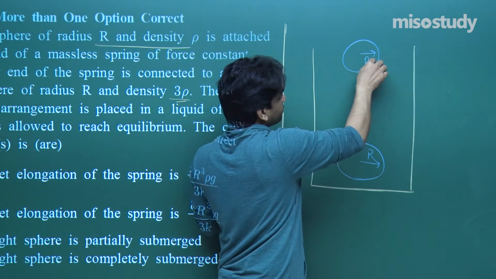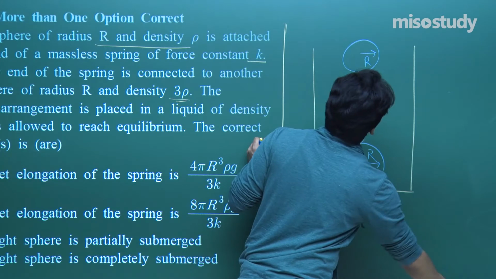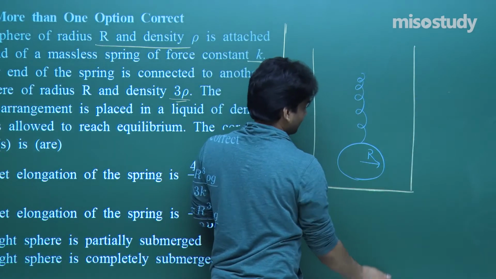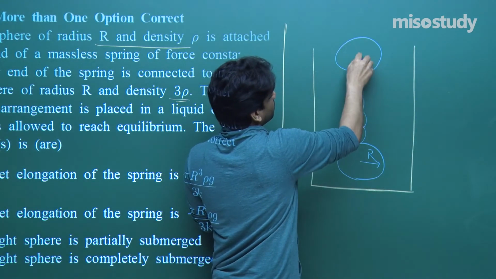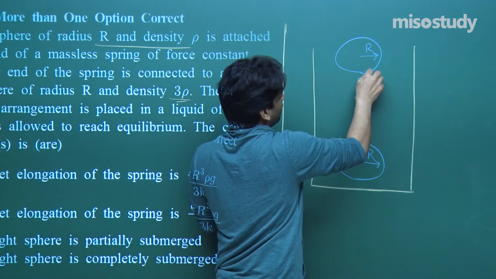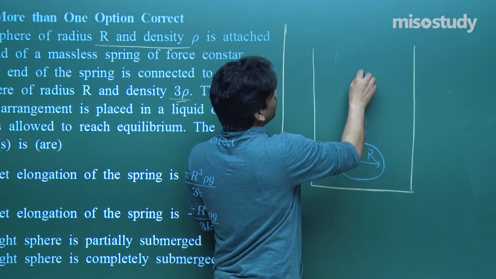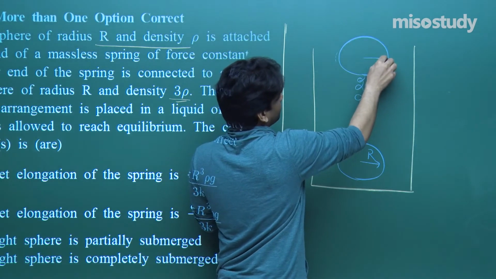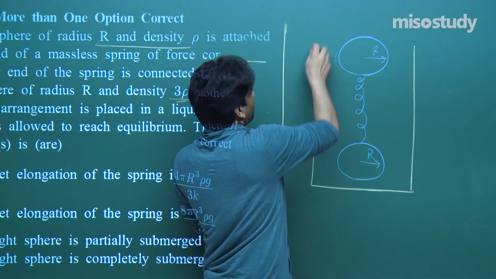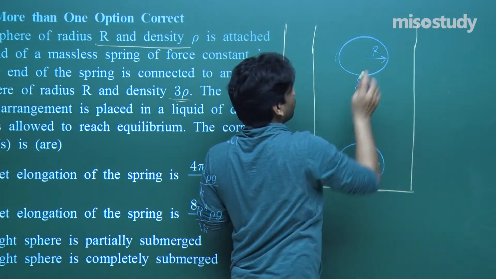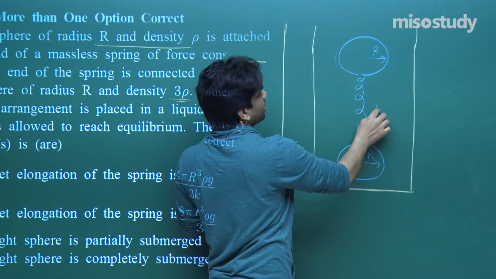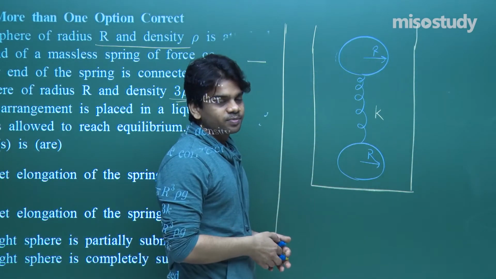Do not get confused by the relative size that I have drawn. I believe you can make out what I am trying to show you here. The spring constant is given as K.